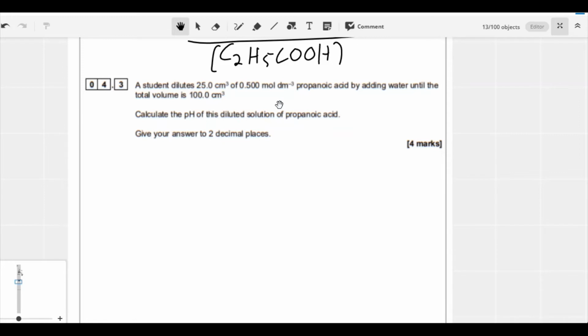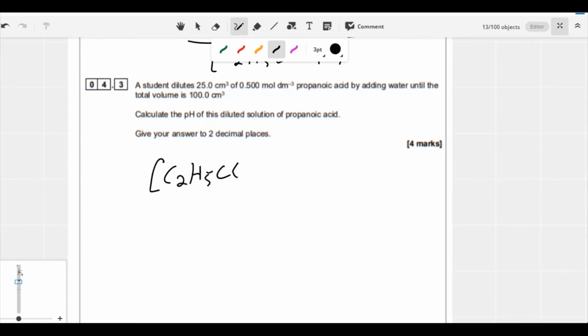So here, C2H5COOH is equal to 25 centimeter cube. We will not convert it into decimeter cube, because in both cases the answer will be the same.